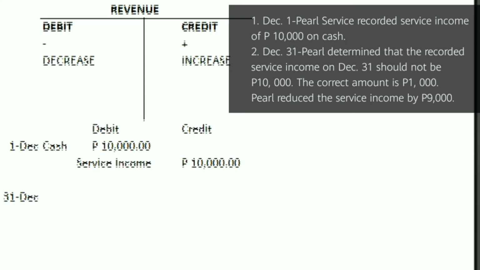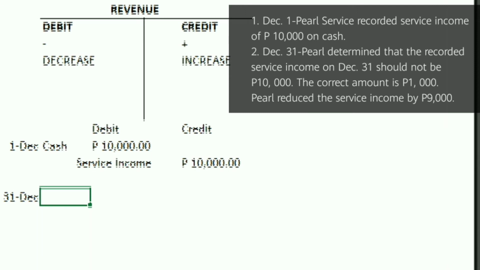Next is on December 31, Pearl determined that the recorded service income on December 31 should not be 10,000. The correct amount is 1,000. Pearl reduced the service income by 9,000. So, nang end of the month of December, nag-double check siya, then nakita niya na, ay, 1,000 lang pala yung sa resibo ko.